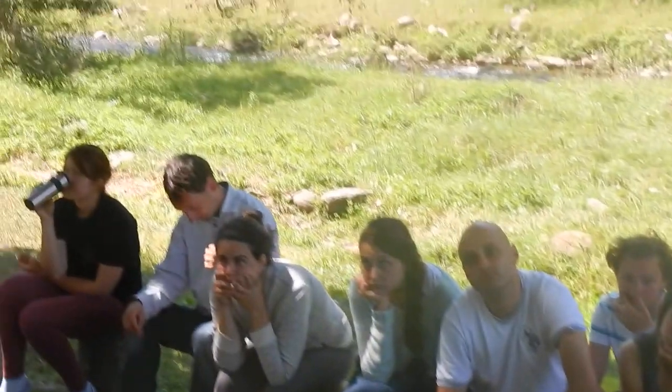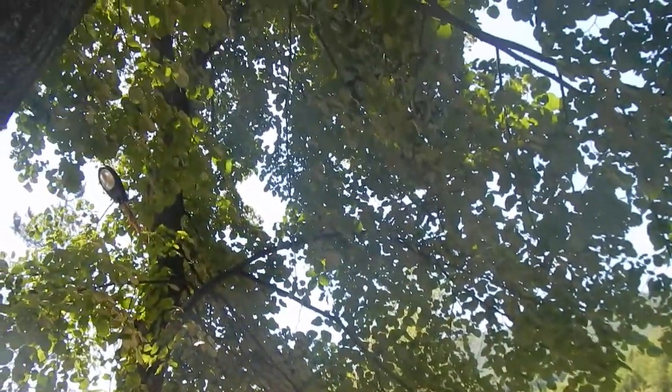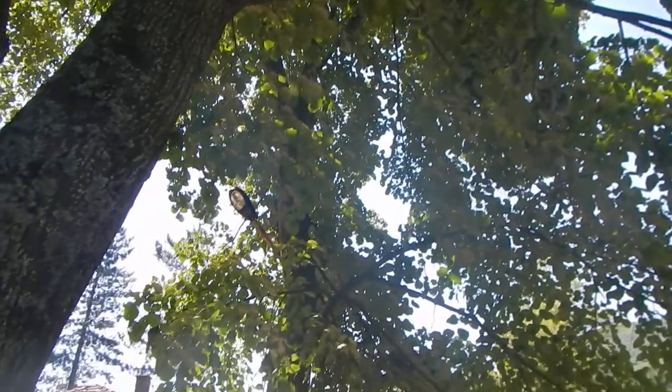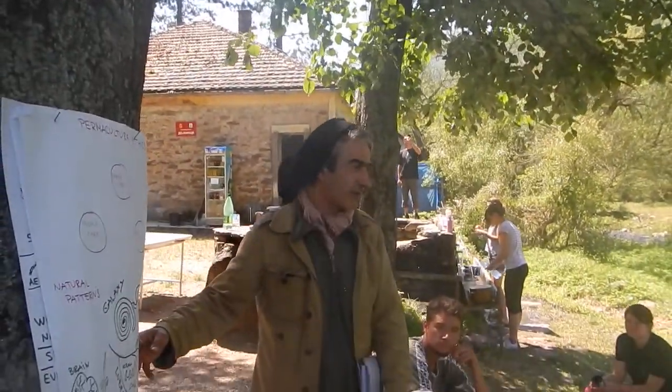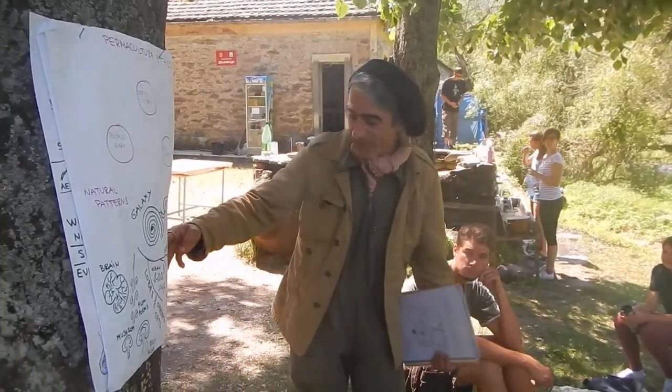Also, another recognized pattern is branching. If you look at the tree, it's all about branching. In medical terms, our lungs are also about branching. In the nervous system of any living being, the more complex living beings, there is that branching pattern.